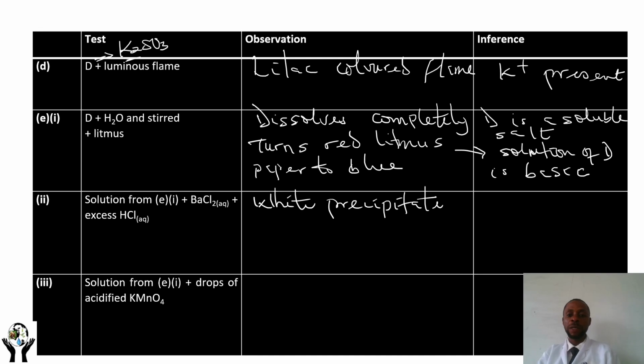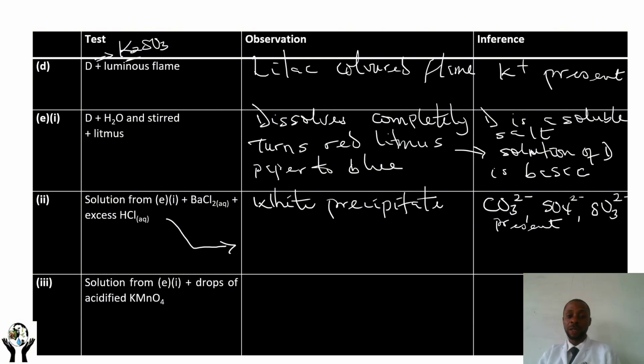That white precipitate, the inference for that is that you have either CO3 2- or SO4 2- or SO3 2- present. Now, when you add excess HCl, if that white precipitate dissolves, it is soluble, then it's going to be either carbonate ion or SO3 2- present.